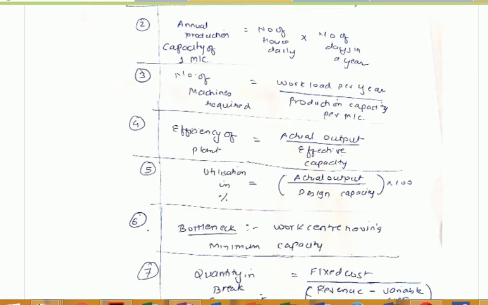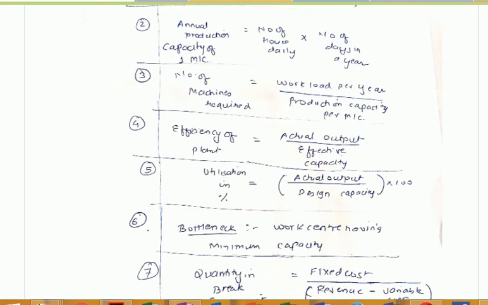So if we know the actual output and the design capacity, first of all try to understand the difference between effective capacity and design capacity. In simple terms, effective capacity is the capacity which a company or a firm expects to achieve under the current business conditions, means everything is not ideal, some resources are lagging. Say for example, man and money are there, material is not there.